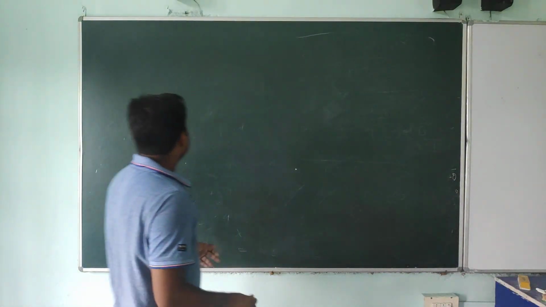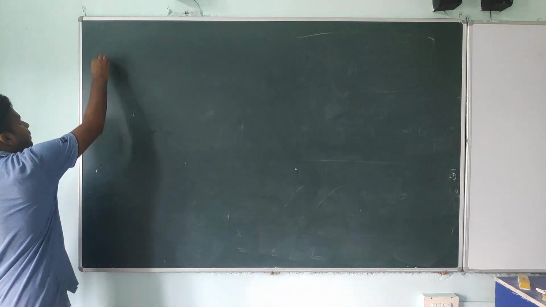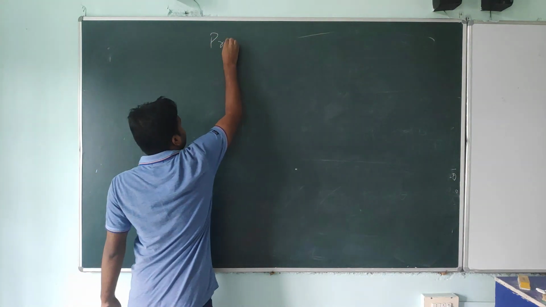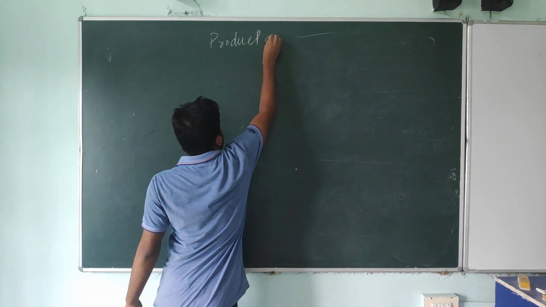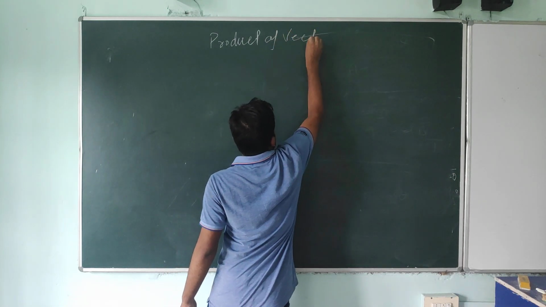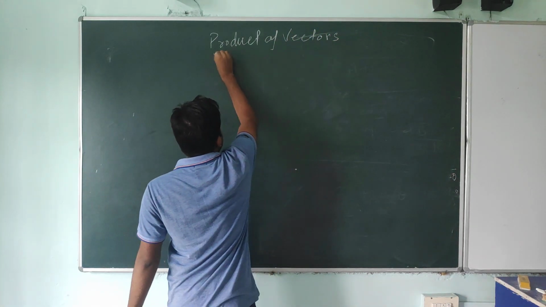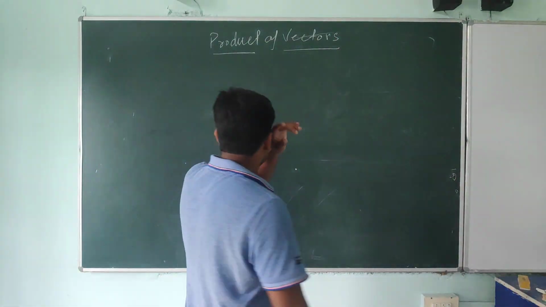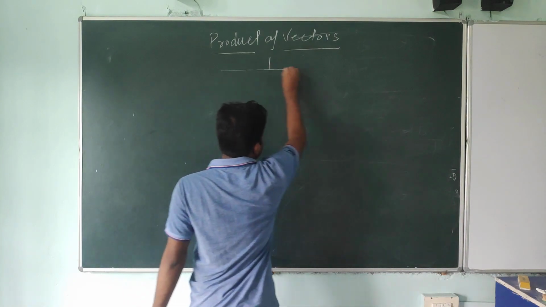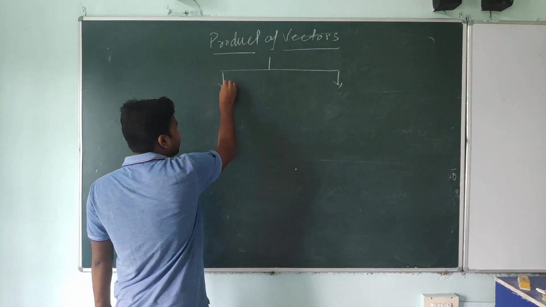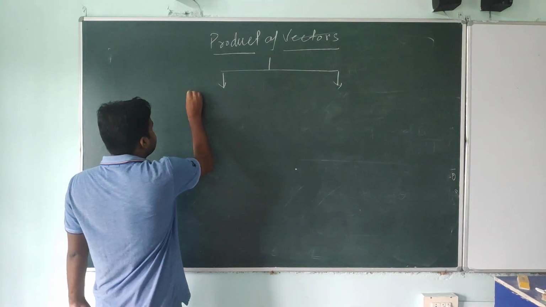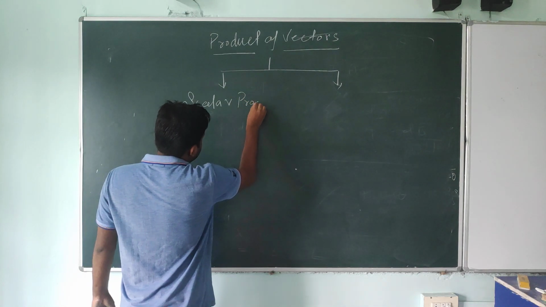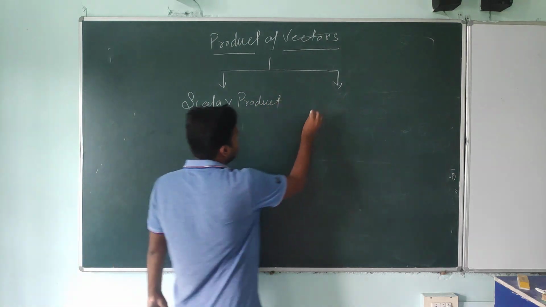Okay students, now product. Products of vectors. Okay, so there are two types of product. Scalar product and vector product.